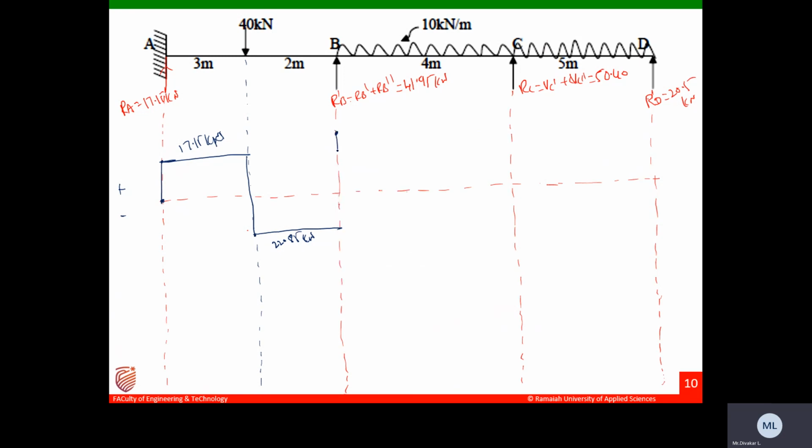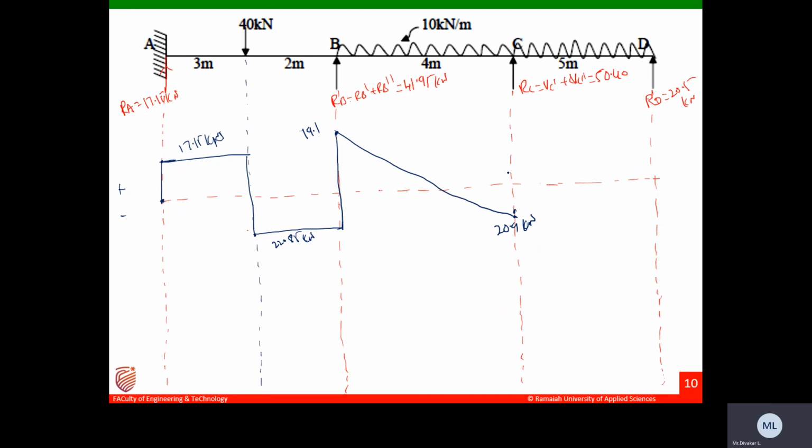So it is 19.1. Then 19.1 minus 10 into 4, which is 40, so it is minus 20.9 kilonewtons.